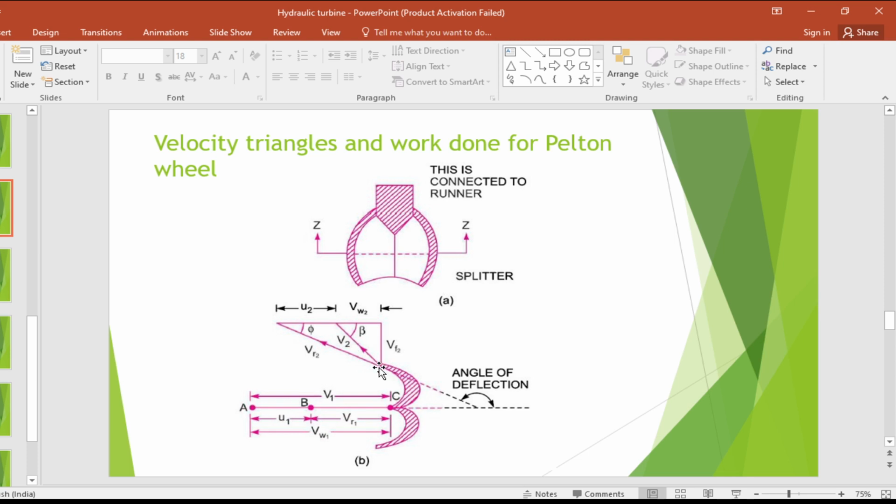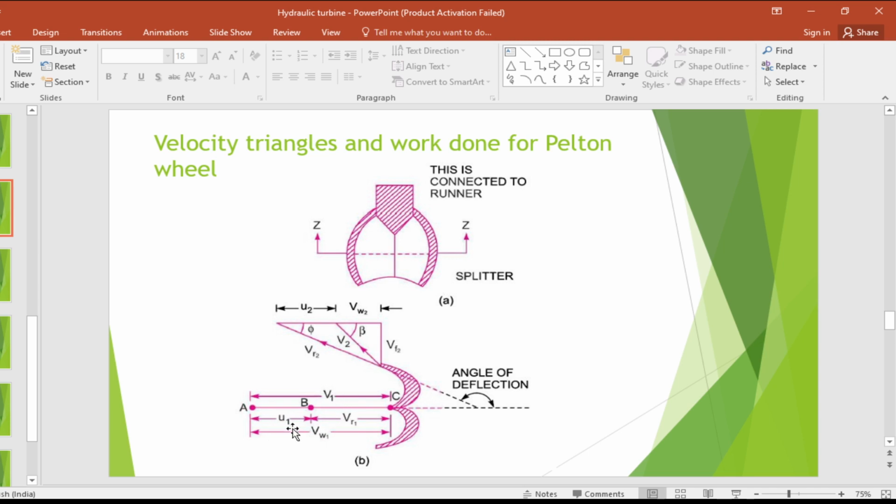So this will be the outlet tip for the water. For this reason, the inlet velocity triangle is drawn at the splitter and the outlet velocity triangle is drawn at the outer edge of the bucket.